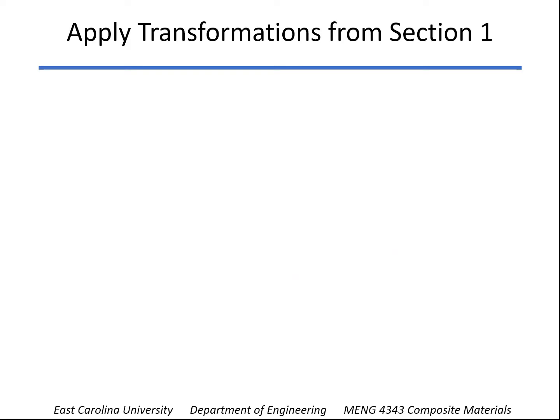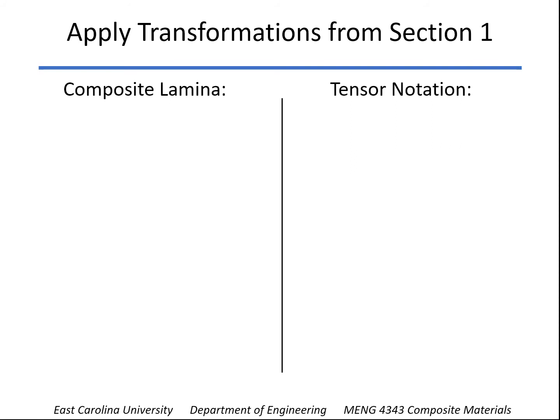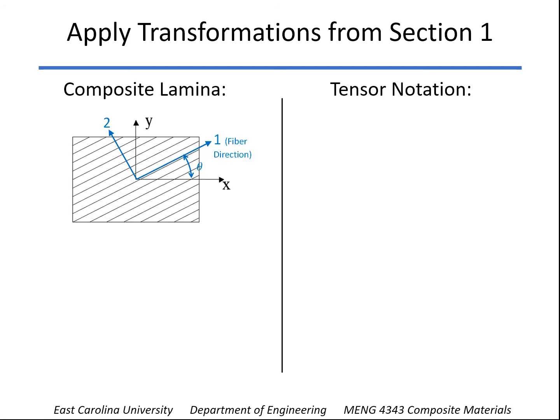Alright, so now let's go back to the transformations that we made in section 1. We'll have to get our nomenclature similar here. On the left side we'll have our new composite lamina notation, and on the right side we'll have the tensor notation. As we just said, the fiber direction is defined as the 1 direction, and 1-2 is the plane of the layer relative to the global x and y.